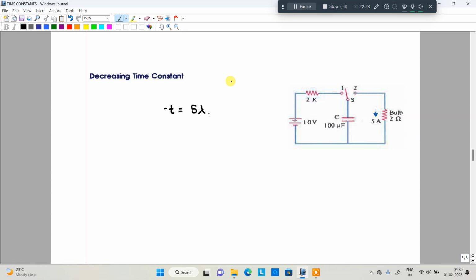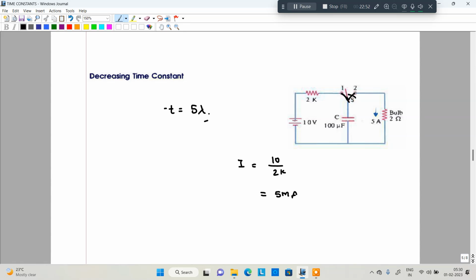So I will take this particular circuit and then explain the decaying time constant. Whenever I connect switch 1, when it reaches five time constants, the current it offers is I equal to V by R, 10 by 2K. That value is 5 milliamperes. Whenever the current reaches 5 milliamperes, at the five time constants, I switch off the power supply.